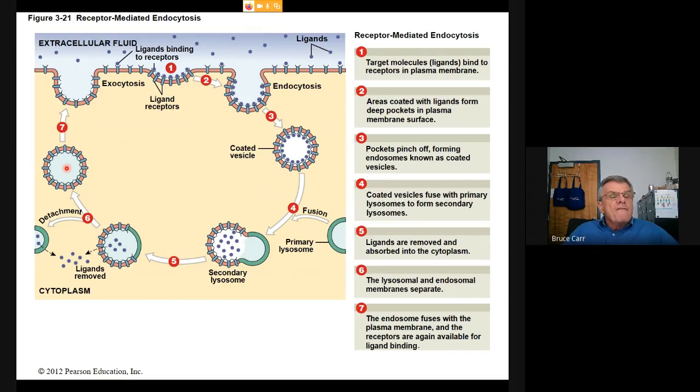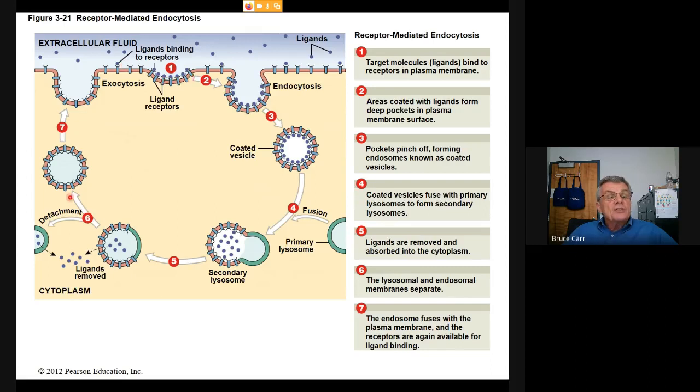This vesicle merges by touching the membrane and becoming a part of the outer membrane again. It now exposes these receptors to the outside extracellular fluid. And that means they are available for another round of binding and endocytosis.